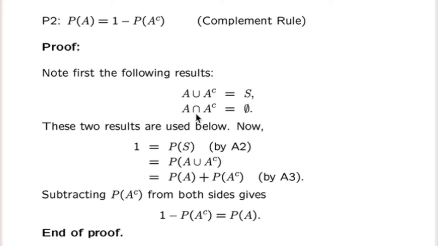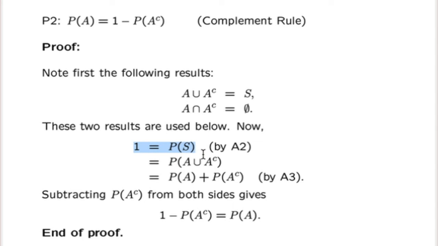On the other hand, the intersection of those two events is the empty set, right? Because the set of events that are in A are not in A complement, and likewise, the set of elementary events that are in A complement are not in A by definition of A complement. And so what this means is that A and A complement are mutually exclusive. Let's put this together and make an argument out of this.